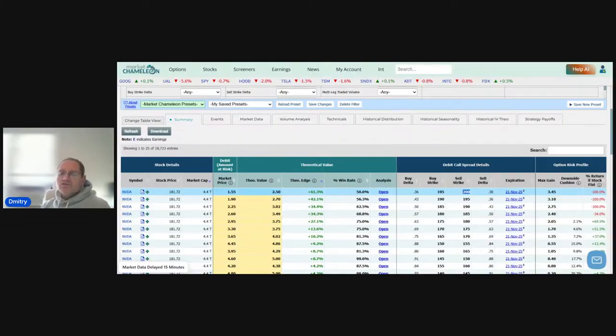What we want to do in this example is narrow down potential spreads based on liquidity measures.